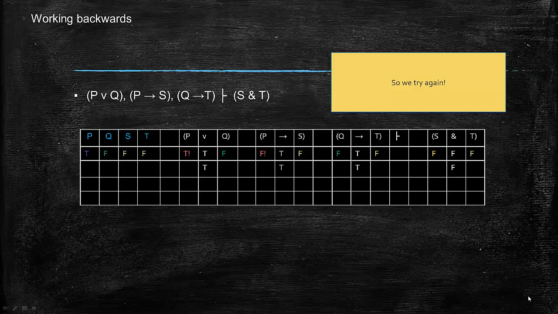Okay, so let's try again on the second line, and we can take our pick of truth values here. Let's go ahead and assign this time T and F, right? So that means S has to be T over here, right? And F has to be T, or T has to be F here.